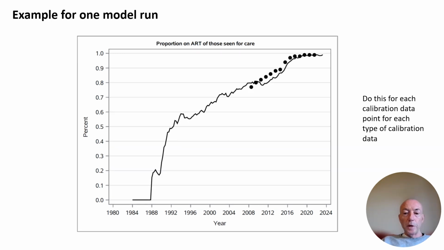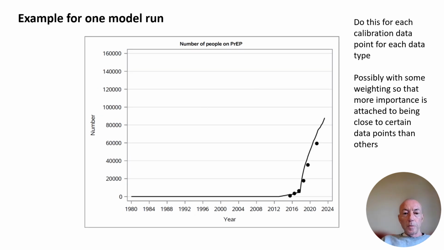And then we can do this for each calibration data point for each type of calibration data, still for this same single run. So this now is for the number of people on PrEP. Now, when we're doing this and calculating the distances of each data point, we might want to apply some weighting so that more importance is attached to being close to certain data points than others.